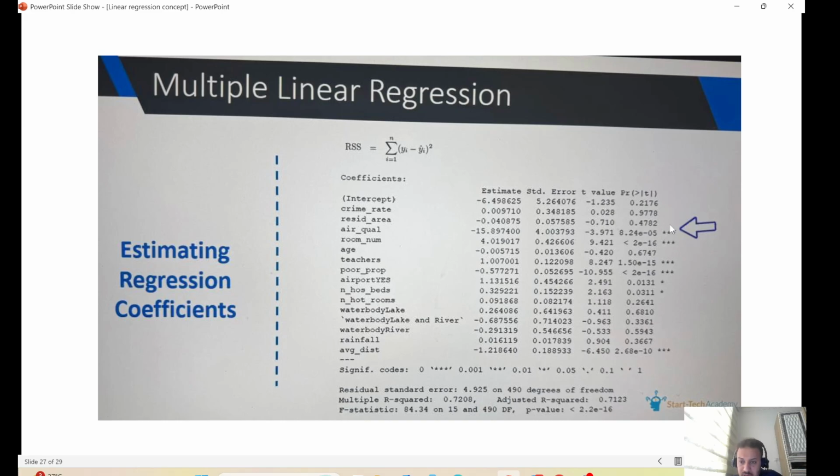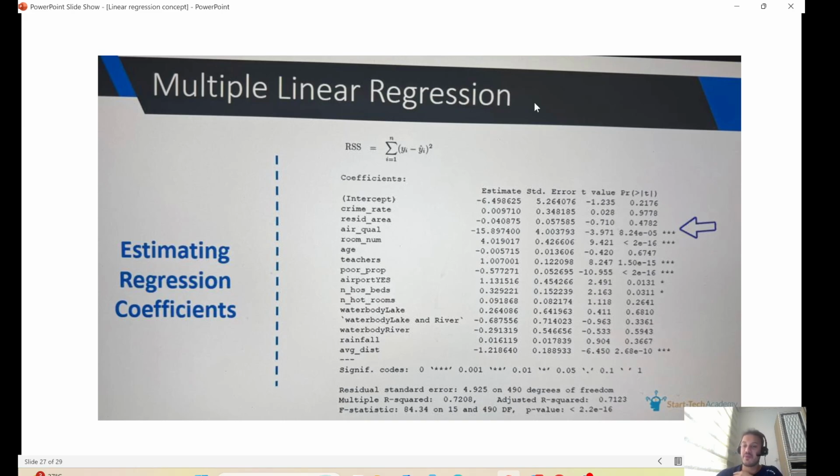If you have 1 star, that means the value is about 0.05, because we said it should be less than 0.05. Less than 0.05 means it is significant or highly significant. If it is bigger than or equal to 0.05, like 0.1 or 1, that means this variable has no significant relationship with the y.